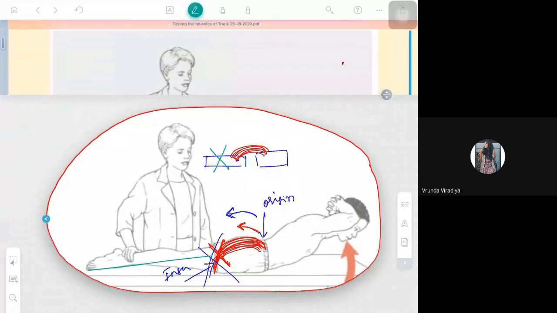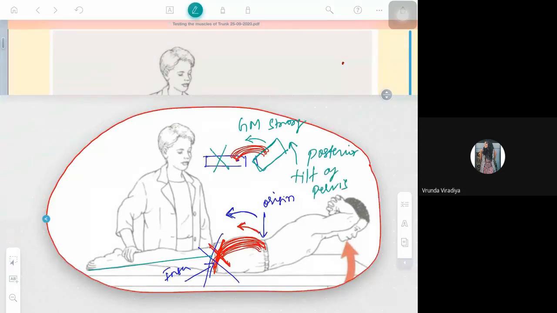Because gluteus maximus muscle is strong, that is the condition we have taken, the muscle will lift the pelvis in this direction. Pelvis will go up like this. This is called posterior tilt of pelvis. Did you understand?